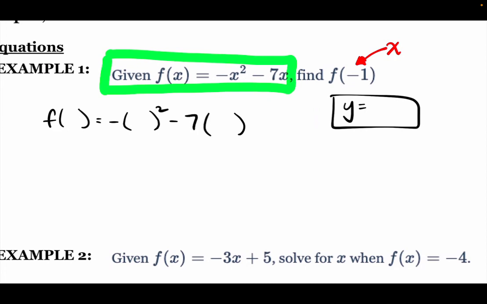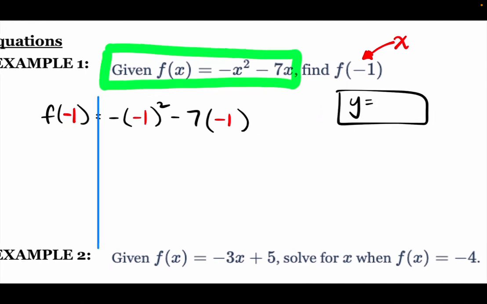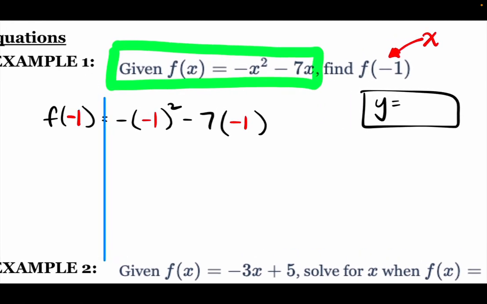What I'm putting in its place is parentheses. Now we know what x is. We just said x is negative 1. So I'm going to put a negative 1 inside all of those parentheses. And then there's an equal sign, so anytime there's an equal sign, I just draw a line down the middle. That's why that blue line's there.